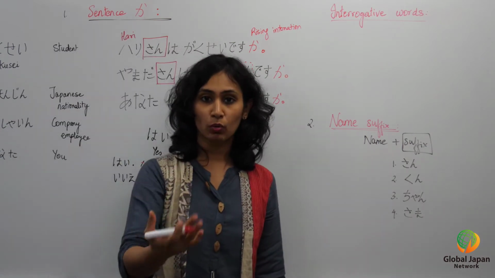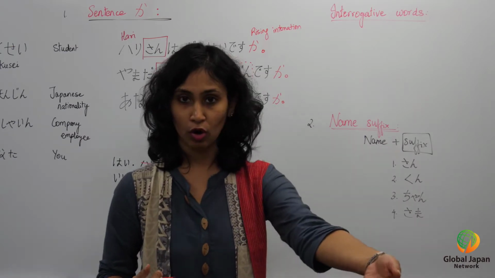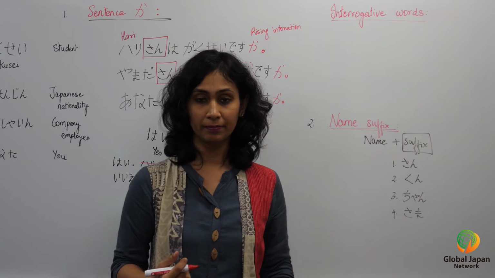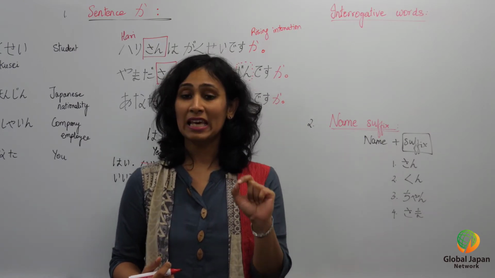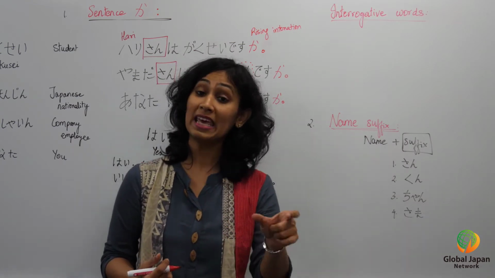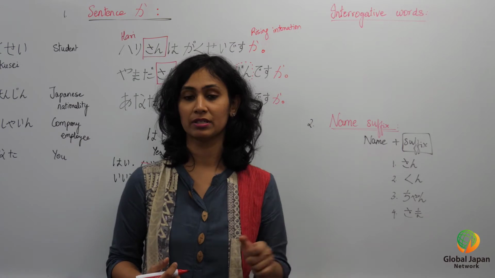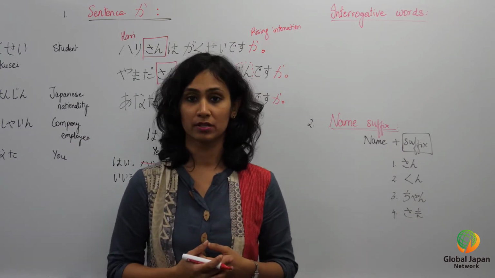Whenever you refer to another person, whether it is the listener to whom you're talking or any other third person, you would not call the person's name as such, but you should attach a name suffix to that person's name. That's the way you show respect to the other person.